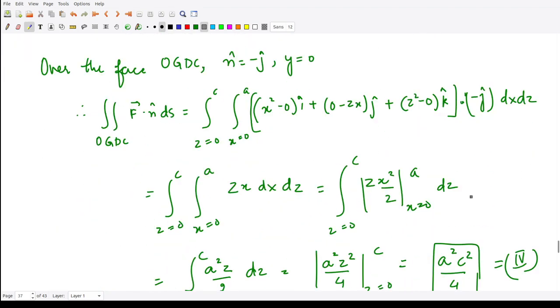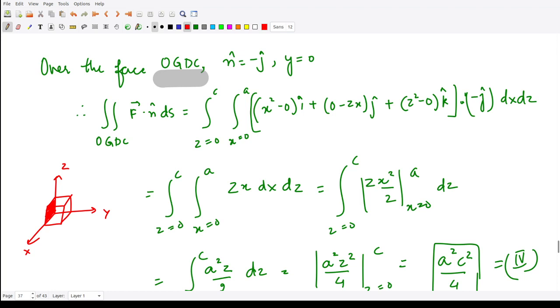Next let us discuss the face OGDC. So let me draw it again once more. So this is our parallelepiped. So here we are talking about the face OGDC, right? So this is your face OGDC. Here this is z axis, we have x axis and y axis.